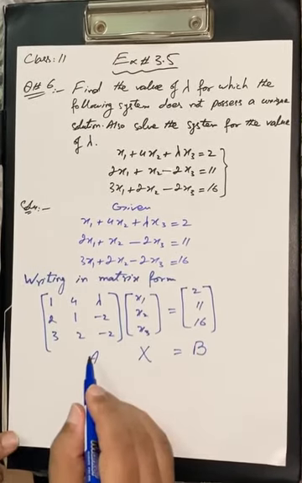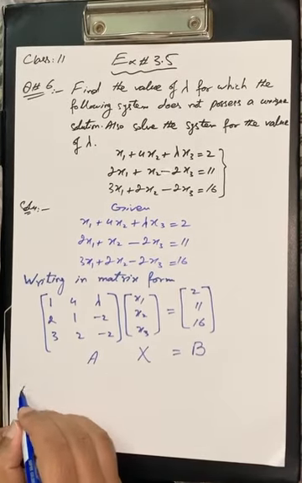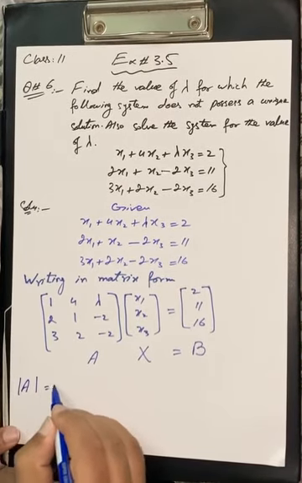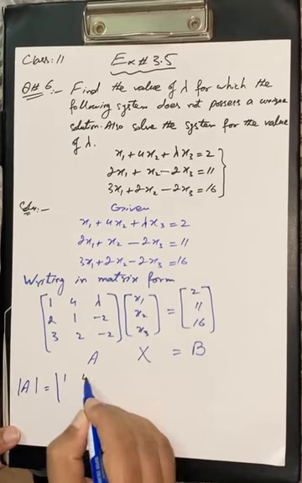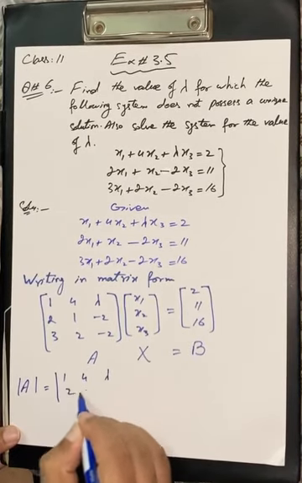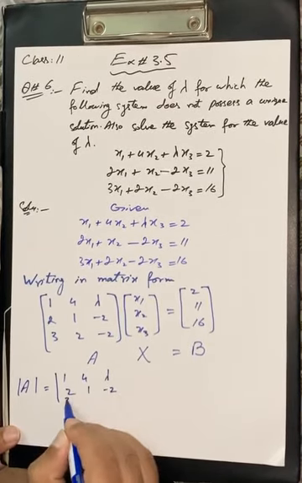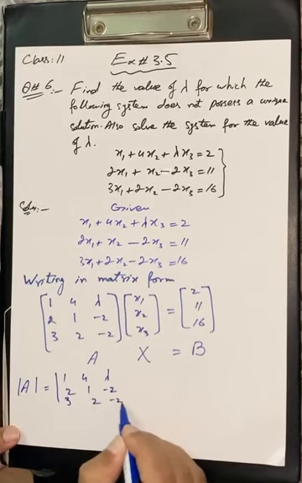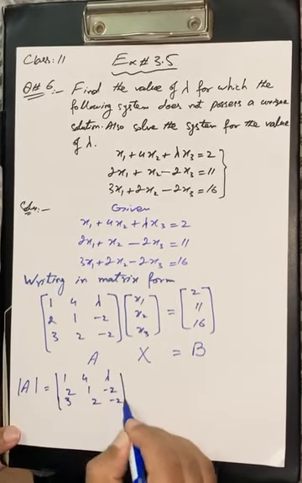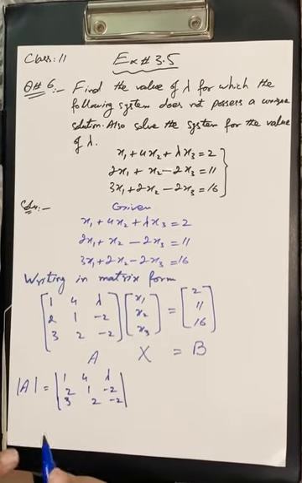I want to calculate the determinant first. So A determinant means 1, 4, lambda, 2, 1, minus 2, 3, 2, minus 2.